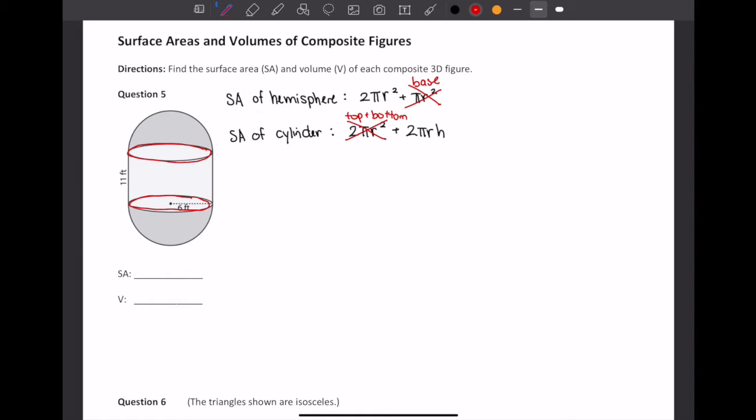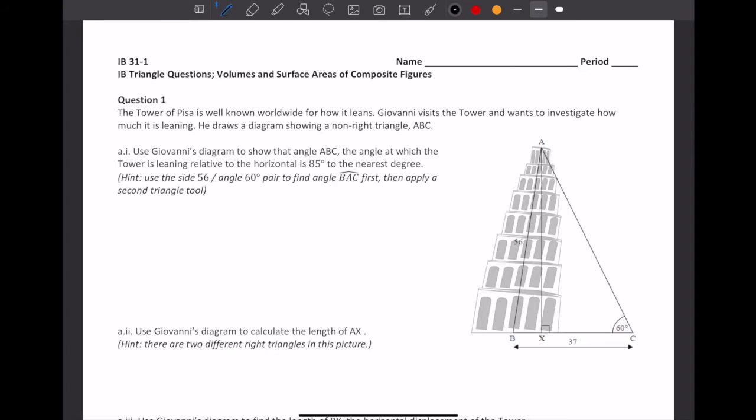Also, our composite figure has 2 hemispheres, one on the top of the cylinder and one on the bottom, so we're going to have to count that twice. So for the pill shape, our surface area formula is going to be 2 times the 2 pi r squared, so 2 of the curved surfaces of the hemisphere, plus 2 pi rh, which is the curved surface of the cylinder. And then we can plug in our values.